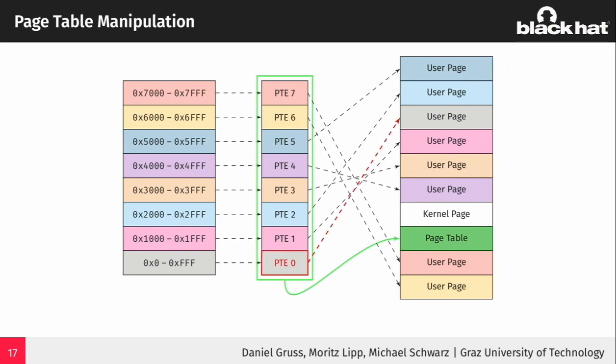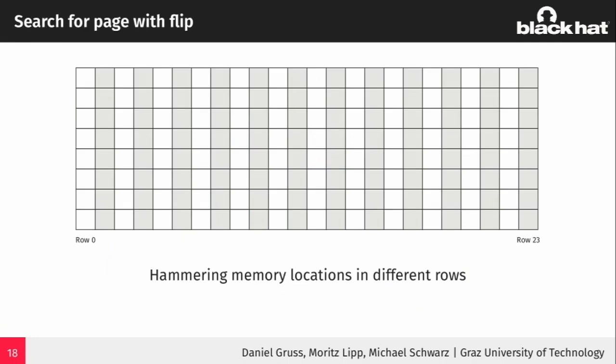And the interesting thing is, a page table entry can map any user page or kernel page. And the cool thing is, if we modify this page table entry, as Daniel said, we can make it map a different physical page. So we could map any page that we have in memory and then access it using this virtual address. So then we could map some kernel pages or other page tables or some other user pages. And this is really nice. No sane operating system would allow that.